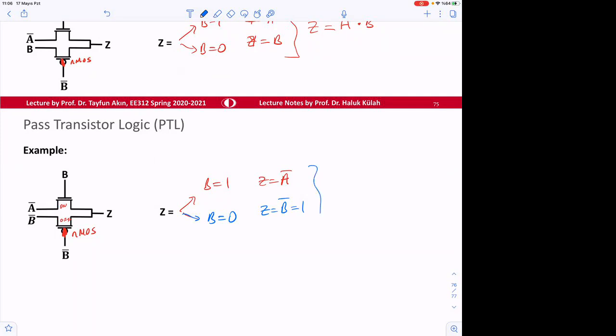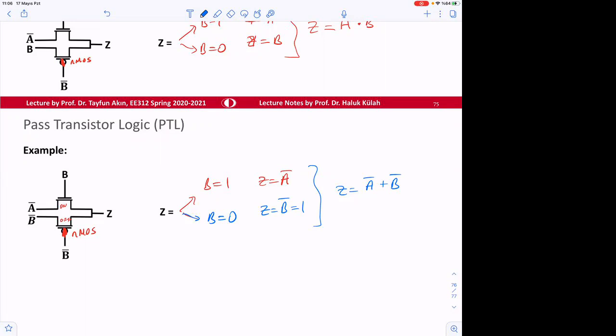Therefore, with this circuit, what is that? A bar or B bar. Why? Is this correct?